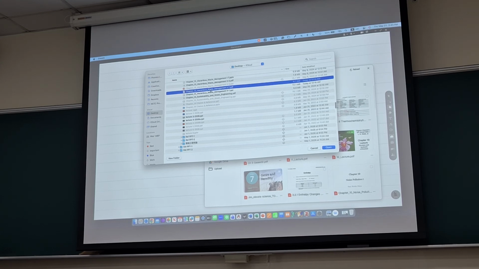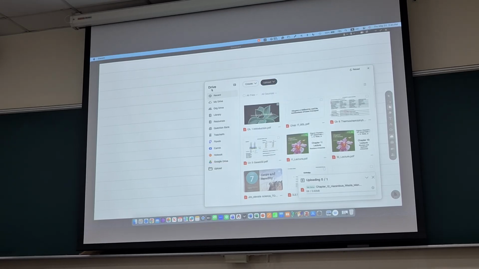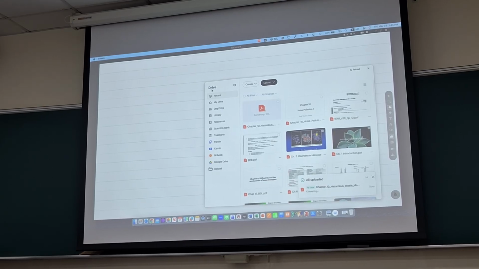Students, I would like to take a look at the hazardous waste management first, because I got some questions in the final exam regarding hazardous waste measurement.